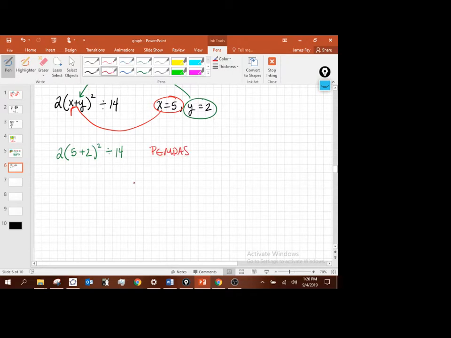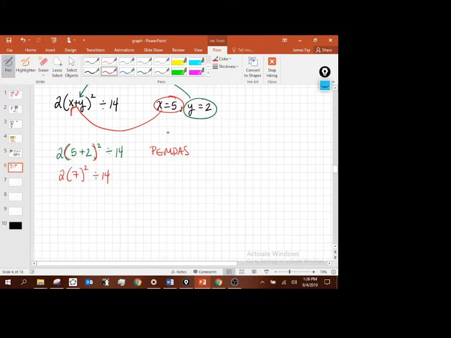What do I have to do first? 5 plus 2. So it's going to be 2, and then 7 there. Keep the squared, divide by 14.